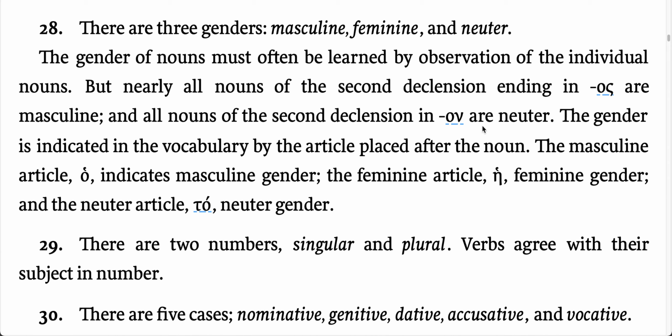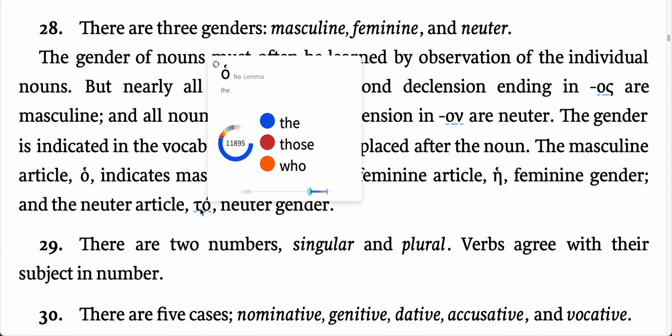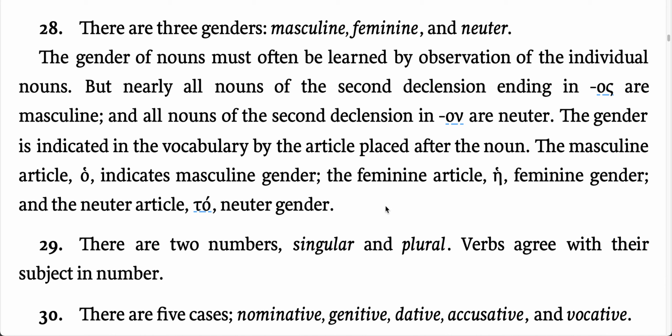And so the way you know exactly what gender it is, you look at the article that is attached to it in the vocabulary listing. If it's ho, then it's masculine. If it's hē with the rough breathing, we'll pronounce it that way, it's feminine gender.